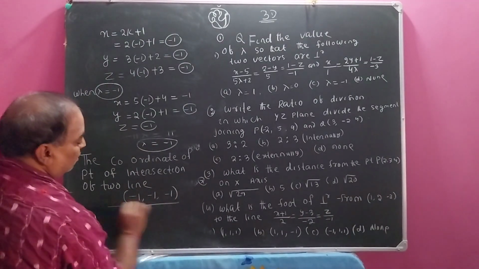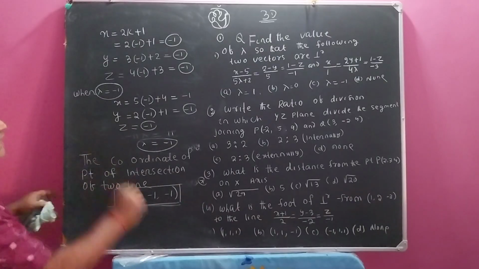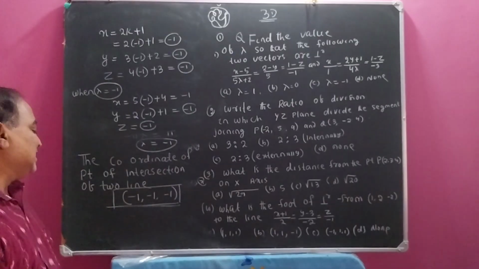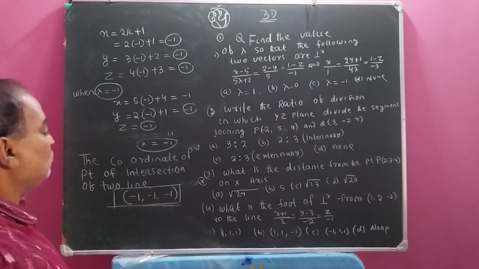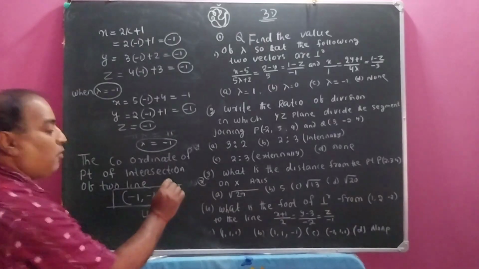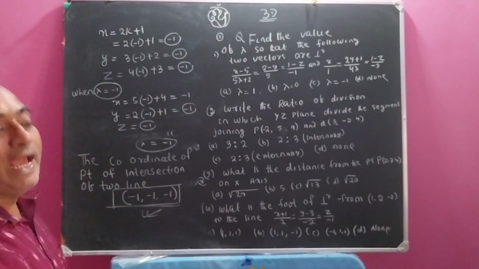So this is the correct answer. Okay, so there is one choice, minus 1, minus 1, minus 1. So this is the point of intersection of two lines.